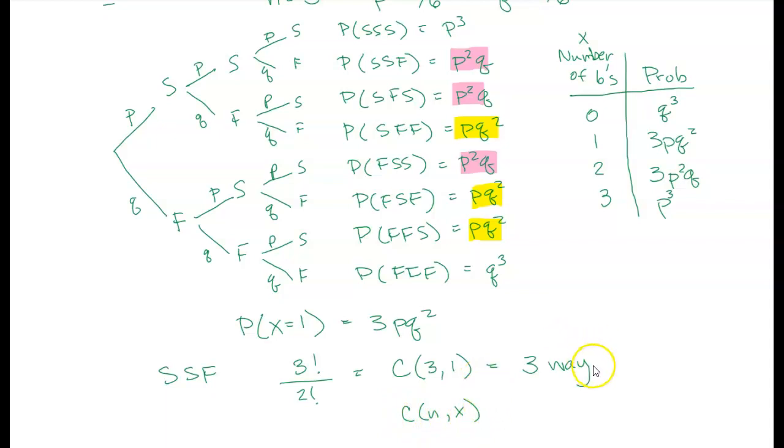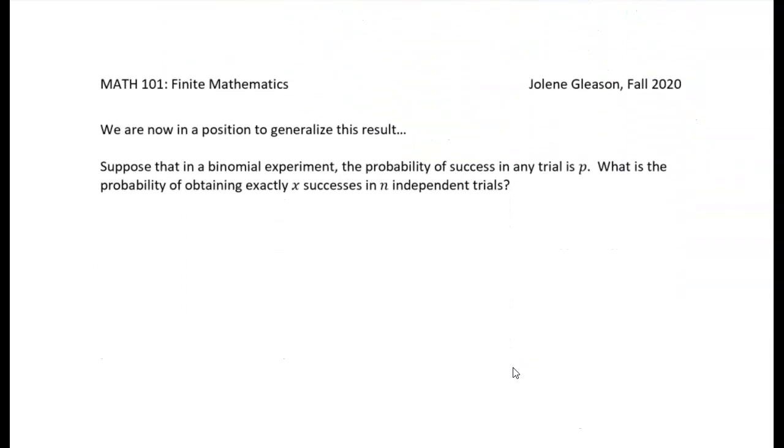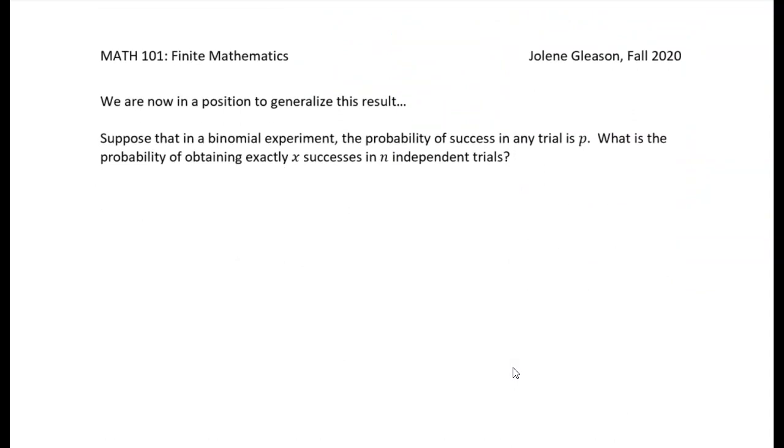All right, so let's keep going here. Let's now generalize that result that we got. Let's say we have n trials, and we're looking for the probability of x successes.